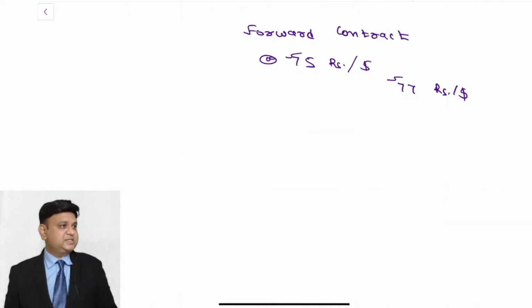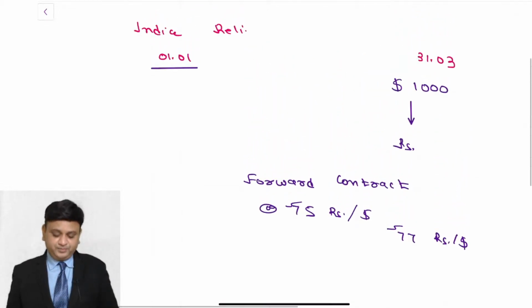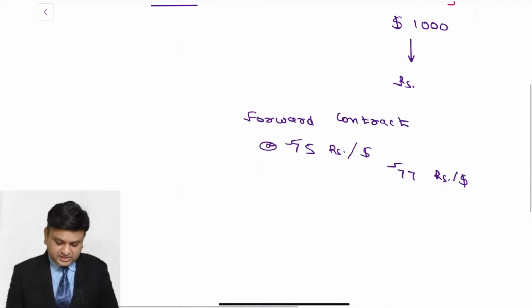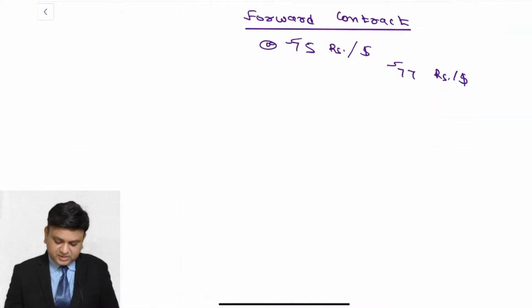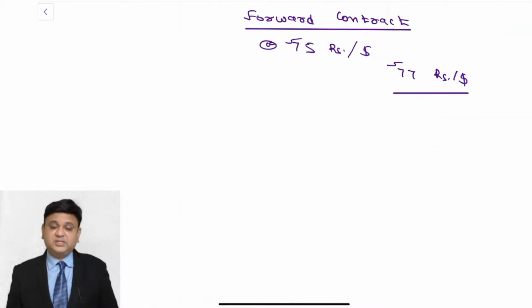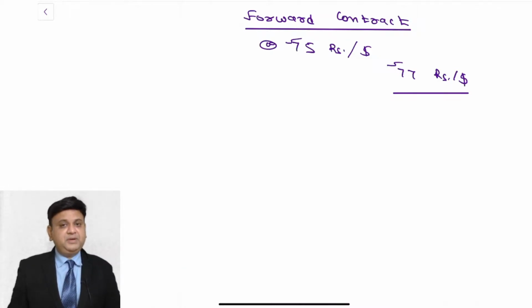Whatever less amount it receives is a kind of loss. So this forward contract results in a loss, which you come to know based on the spot rate prevailing for the dollar on 31st of March. Basically, the forward contract derives its value based on the spot rate prevailing on 31st of March.